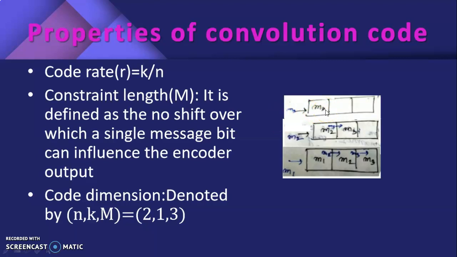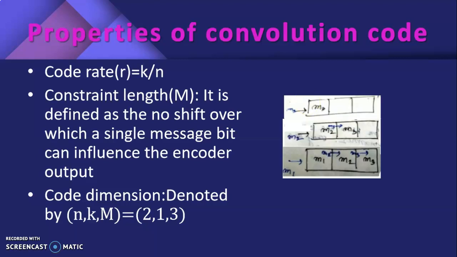For this sequence, the first location will be a value and the rest two locations are 0. For this there will be some output at the encoder output.